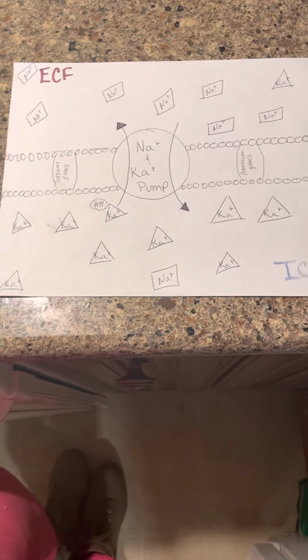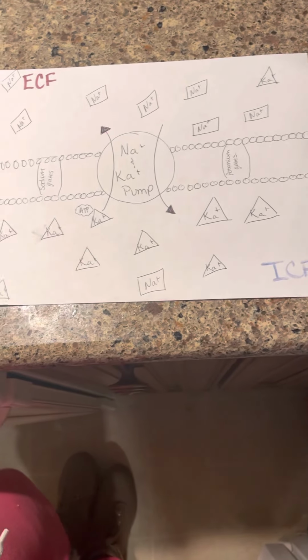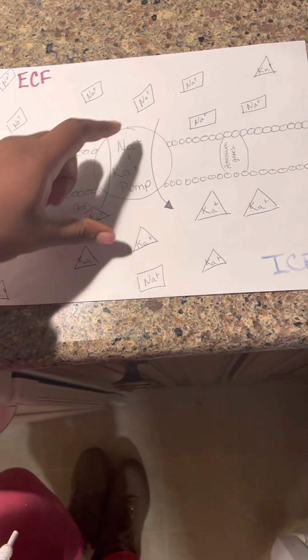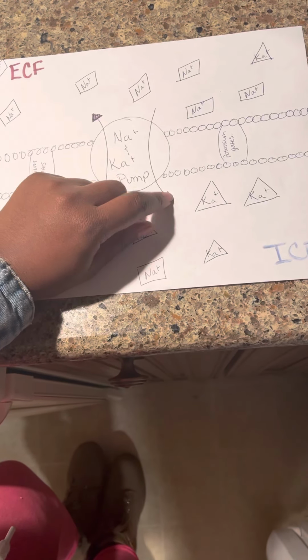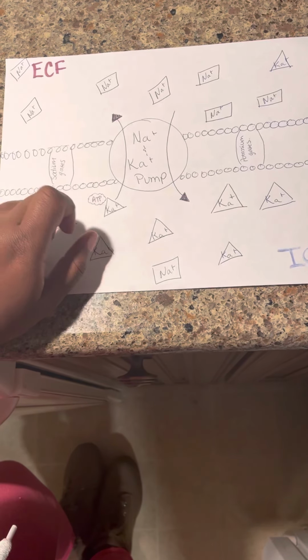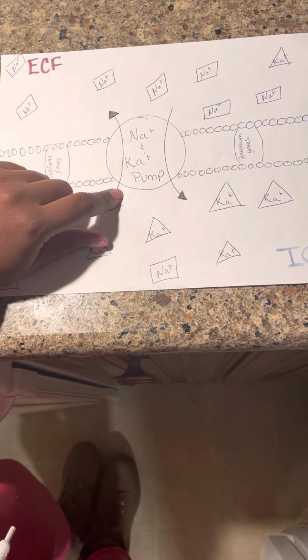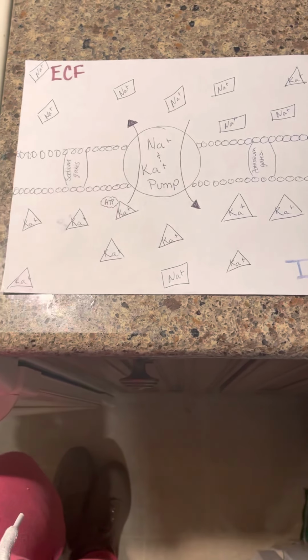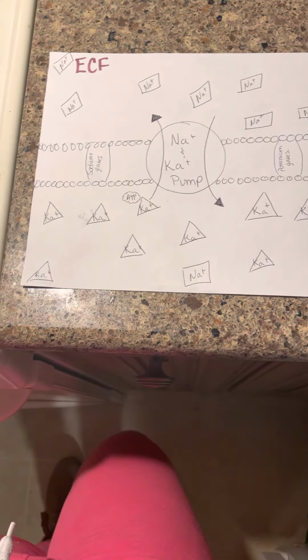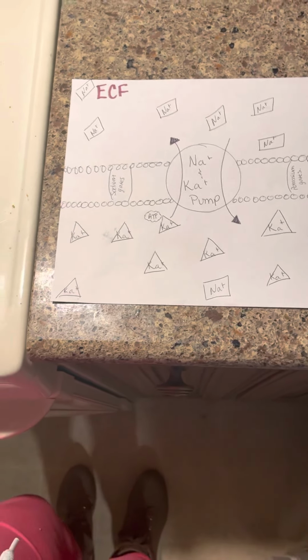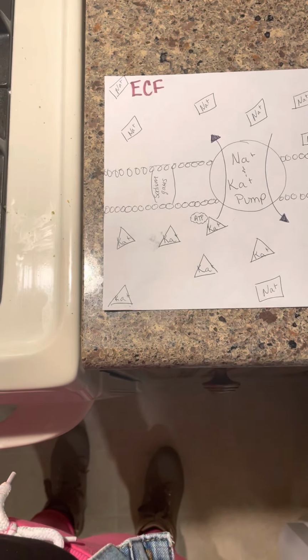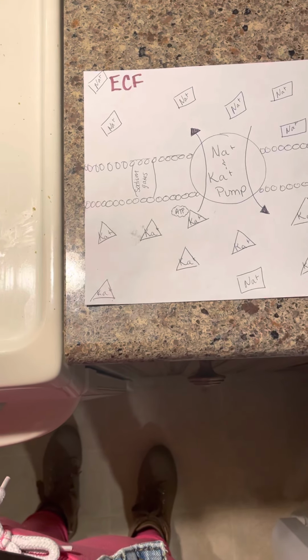Sodium is moved inside the ICF, and I have my arrows going here to where you can see sodium is moved inside the ICF with the help of ATP, and the potassium is moved to the outside, into the ECF. And so normally potassium actually moves faster.